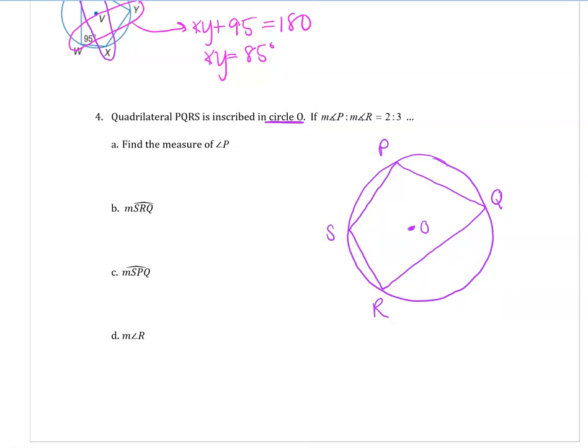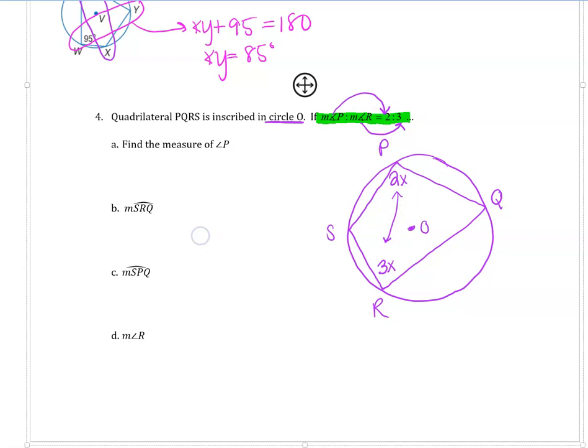Now they're giving you a ratio. The measure of angle P to angle R is 2 to 3. So I'm going to call angle P 2x and angle R 3x. x is the relationship between those. Whatever x is, you double it to get angle P, and triple it to get angle R. To find the measure of angle P, I know these are opposite angles in a cyclic quad, so they sum to 180.